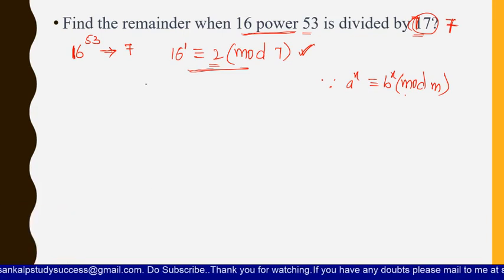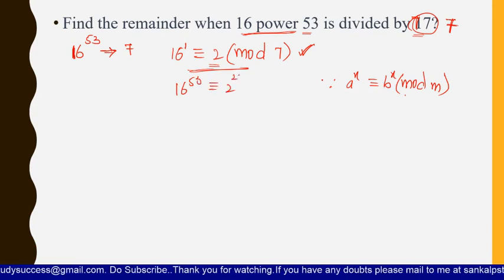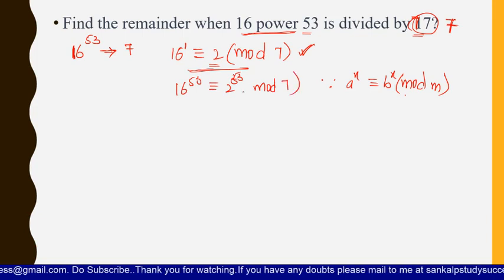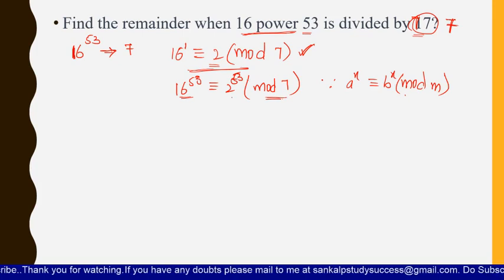That means what? 16 to the power of 53 is congruent to 2 to the power of 53 mod 7, right? So now that means 16 to the power of 53, when it is divided by 7, you are getting the remainder as 2 power 53.